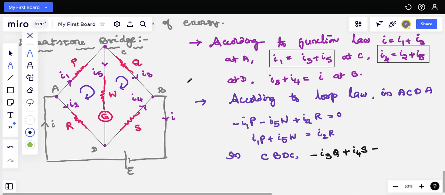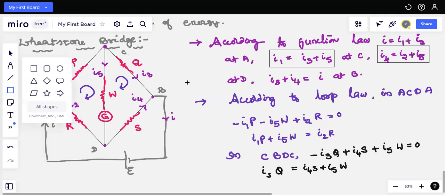Opposite direction of current flow means plus I5 into W equals 0. Okay, and this one also, if you want to write the positive values, I write I3Q is equal to I4S plus I5W. Okay, these are 2 more equations now. Let us highlight these also a little.